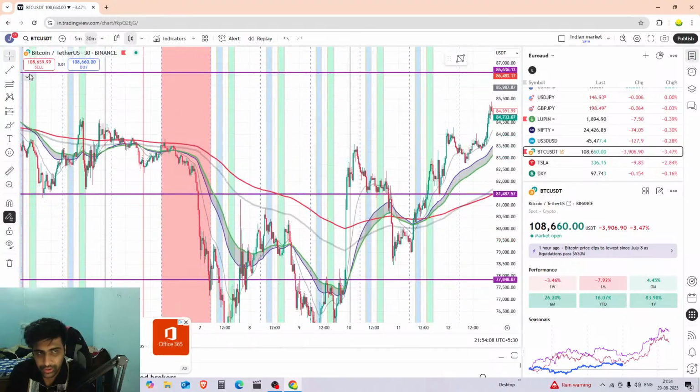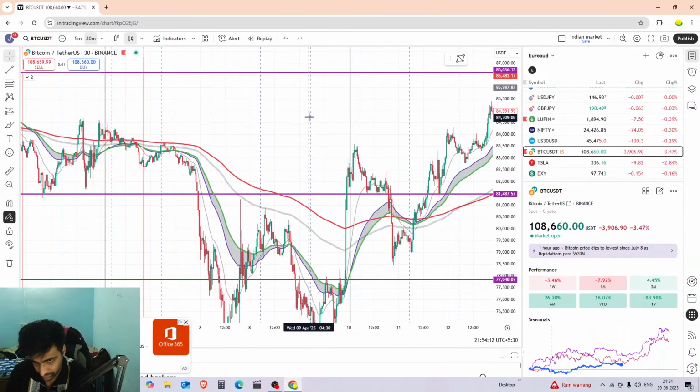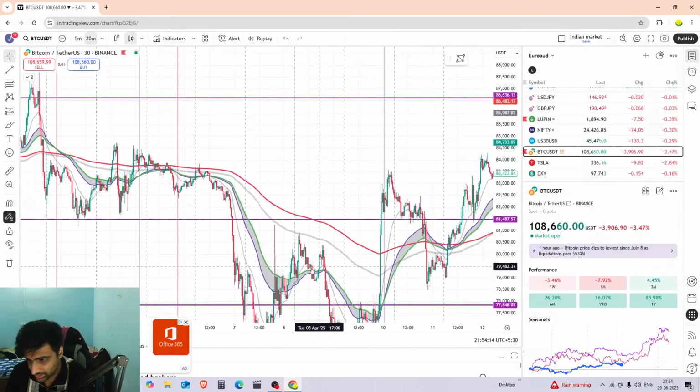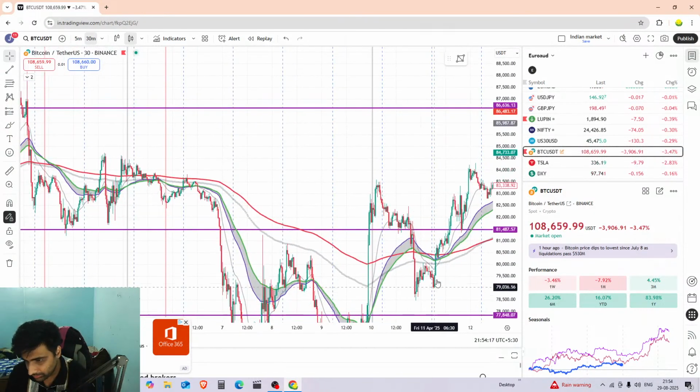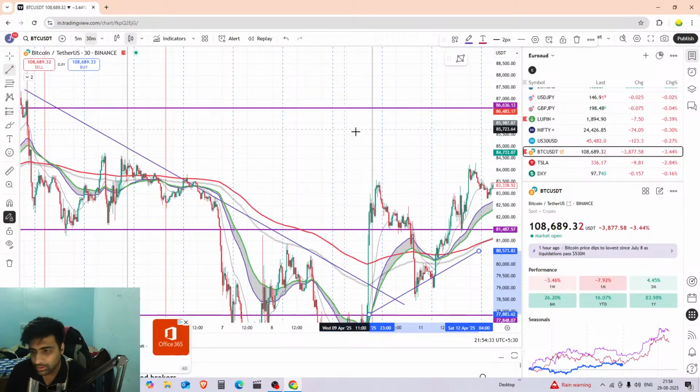If you see, the market is right now downwards. Now it changed its structure. So the market was going down, going down, going down. It went here, it came here, it changed the structure. Now it's going up. Now it's an upward market.